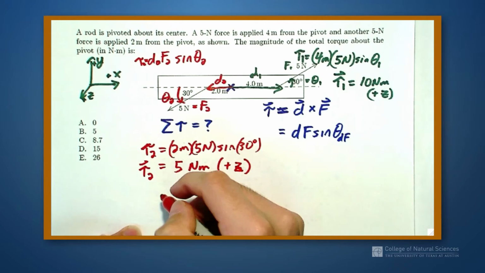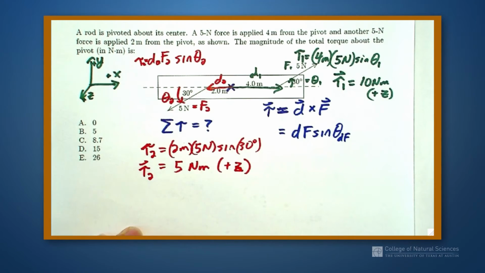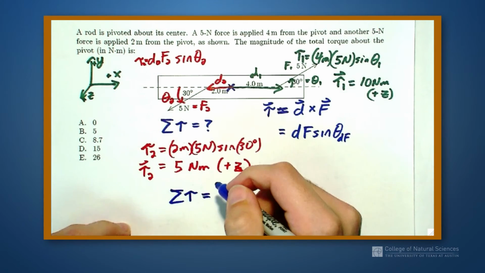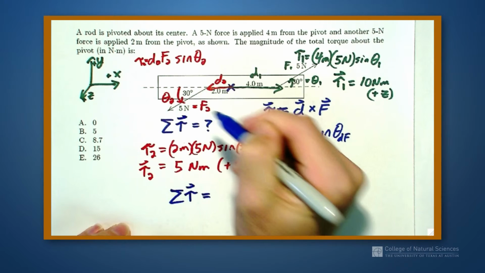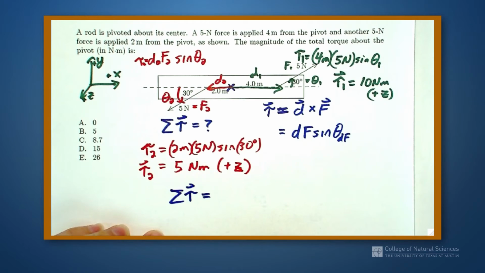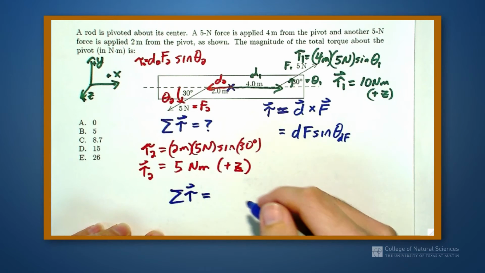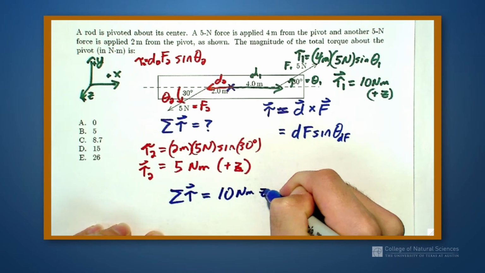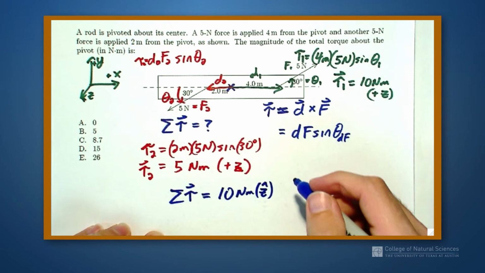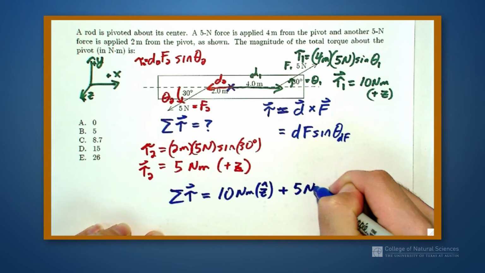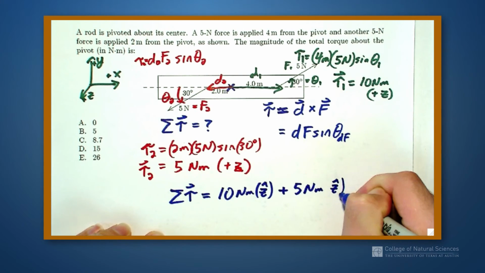So when I actually do my total torque with vector quantities, because it is a vector, when I add them, I have to take that into account. It's 10 Newton meters in the Z hat direction, and it adds to 5 Newton meters, again, in the positive Z hat direction.